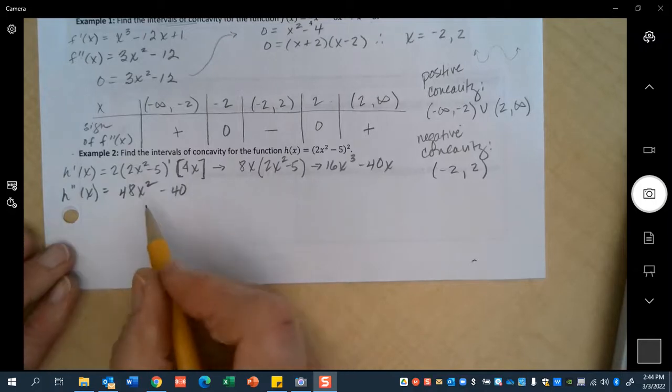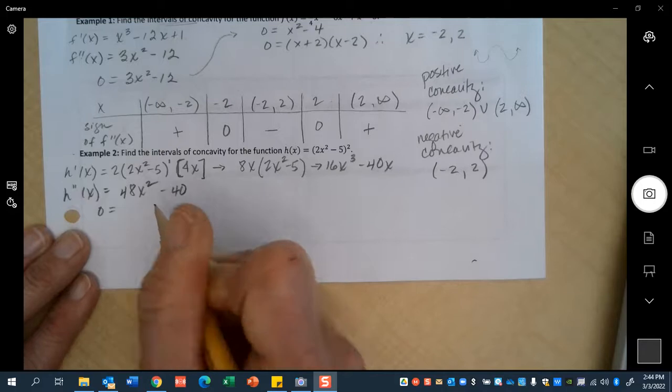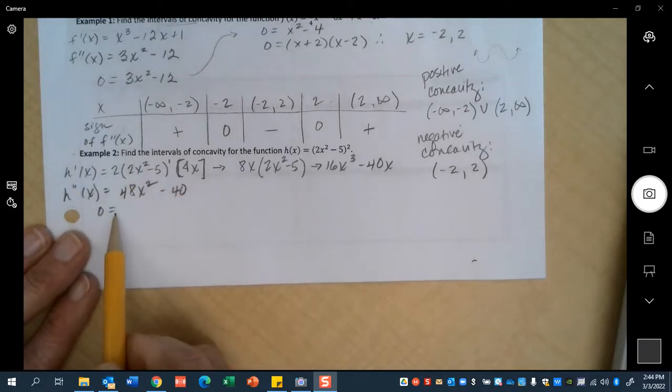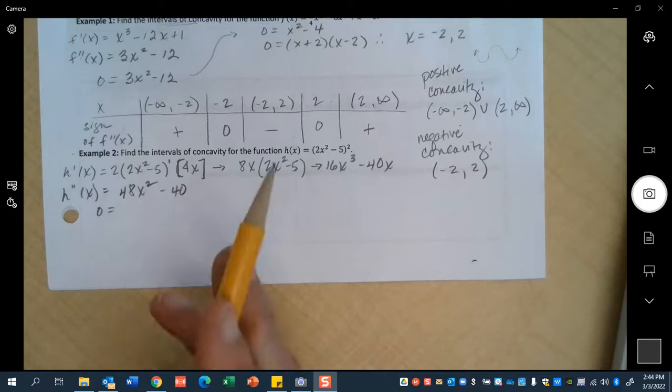So now what you're going to be doing is, again, setting that equal to 0, and looking at where my second derivative equals 0, because when my second derivative is equal to 0, my concavity changes.